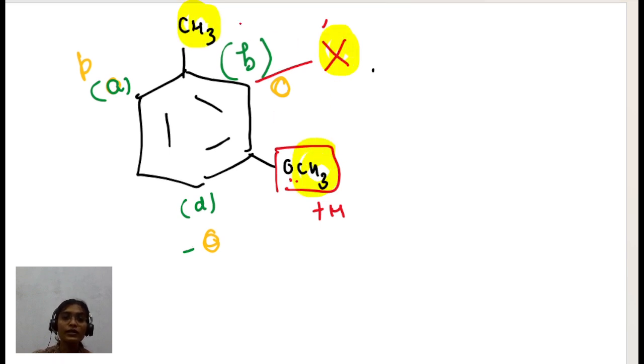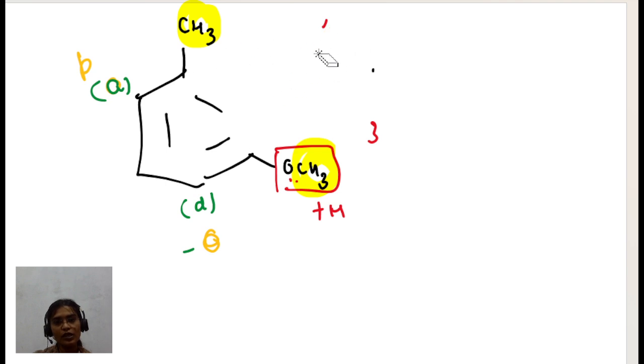All three groups in a sequence are so much hindered. So we can't go with B because it is not feasible. So let me remove this. It means this position is also not feasible. Now compare between A and D.